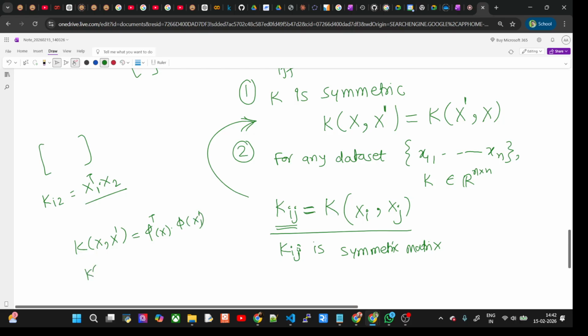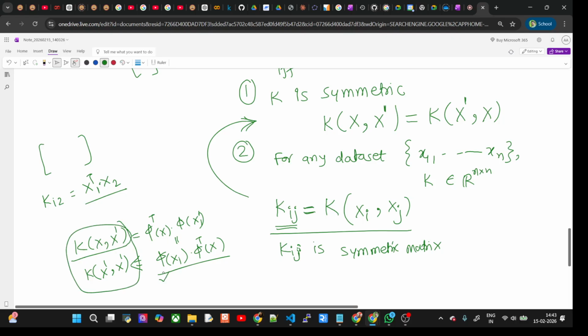Okay, and you just need to check whether your equation x into phi of x is the same or not. If they are the same, then you will say that these two will also be the same.